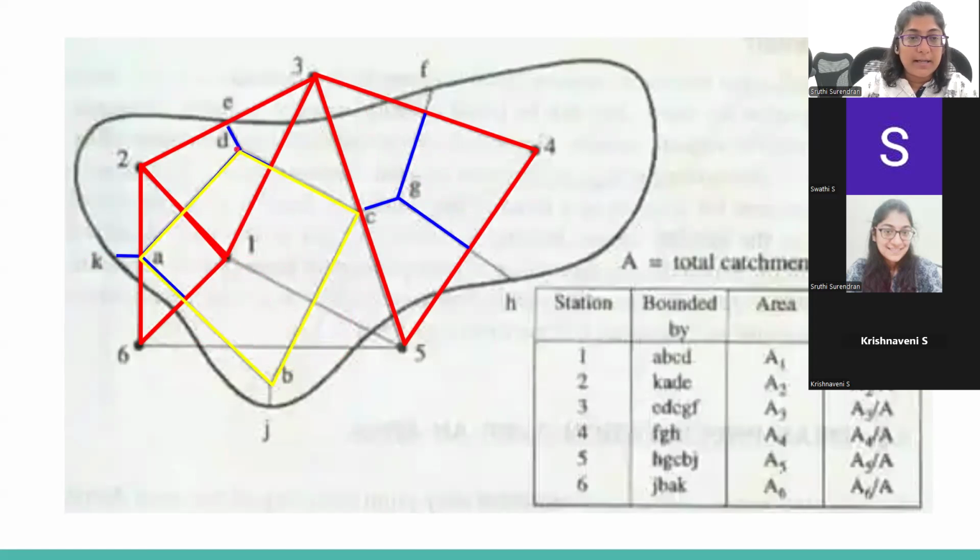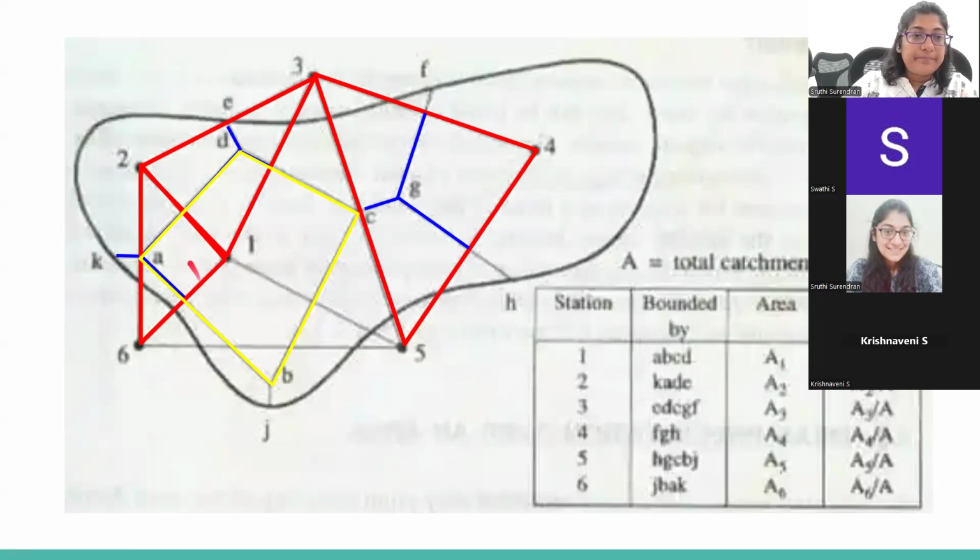This polygon is connecting the meeting points of all these perpendicular bisectors, and this one area is going to give the rainfall collected in rain gauge station 1, which is going to be representative of this area of the drainage basin.